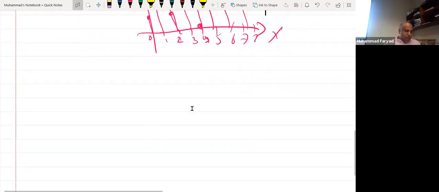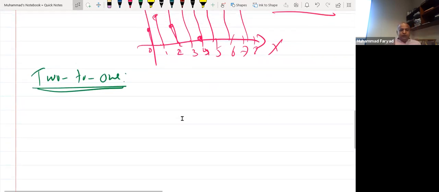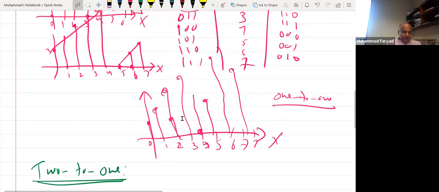So let's now go to 2-to-1 functions and see some of the examples. One thing that I want to stress is that when we are talking about a 1-to-1 function, it doesn't matter what the value of f(x) itself is. What we are interested in is that one input goes to only a unique output, and this output doesn't show up in front of any other input.